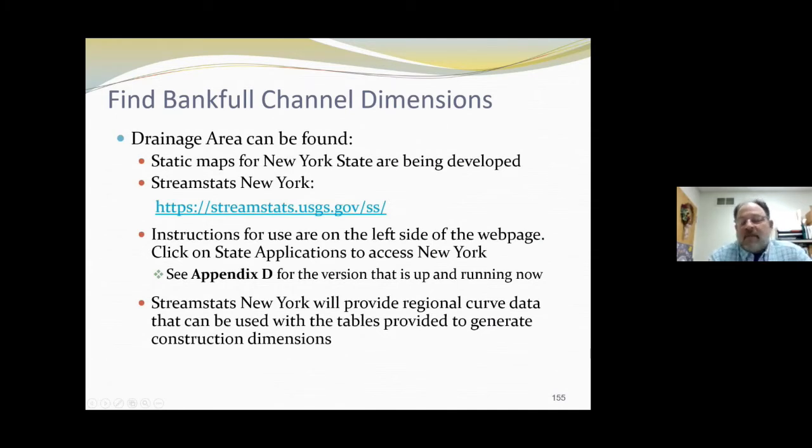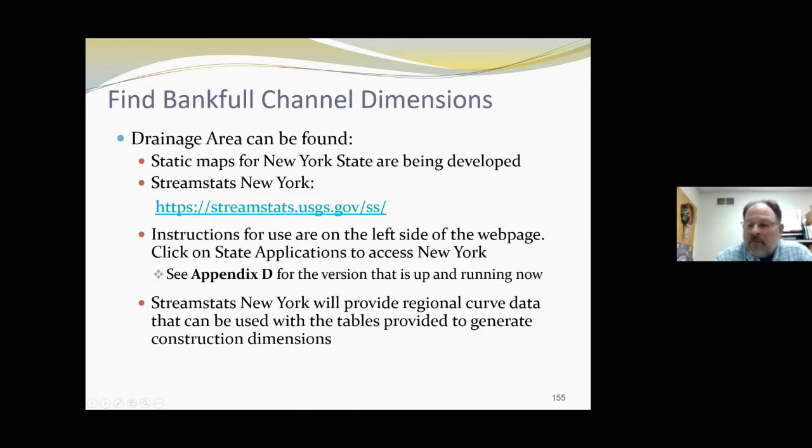Then we need to find the bank full channel dimensions. So drainage areas, there were static maps designed for New York State, or they are being developed, or they have been developed. I haven't seen the static maps yet, but they are supposed to be available.